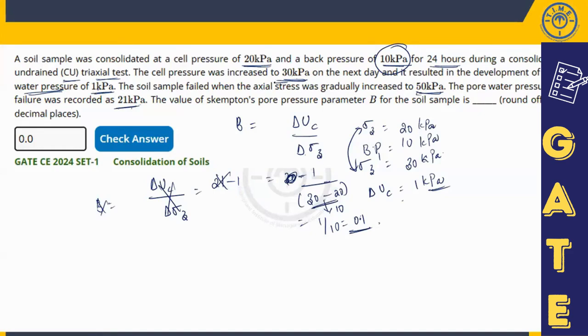After consolidation, what happened? Cell pressure increased to 30, because the sample was consolidated and drained. After consolidation, sigma 3 became sigma 3 dash.